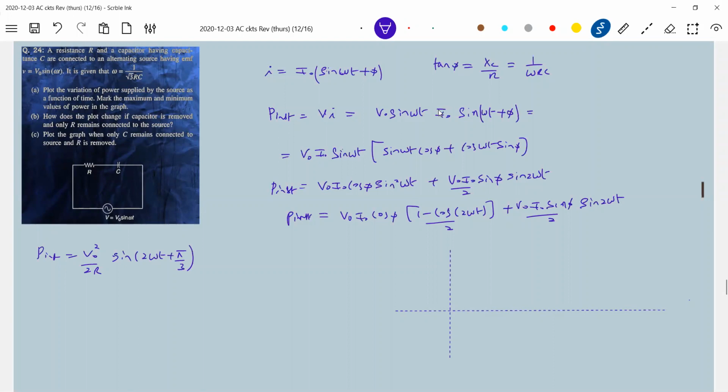So now instantaneous power, put t equal to 0. So it will start with some phase angle. I think we can calculate maximum and minimum here only. No need to plot the graph.